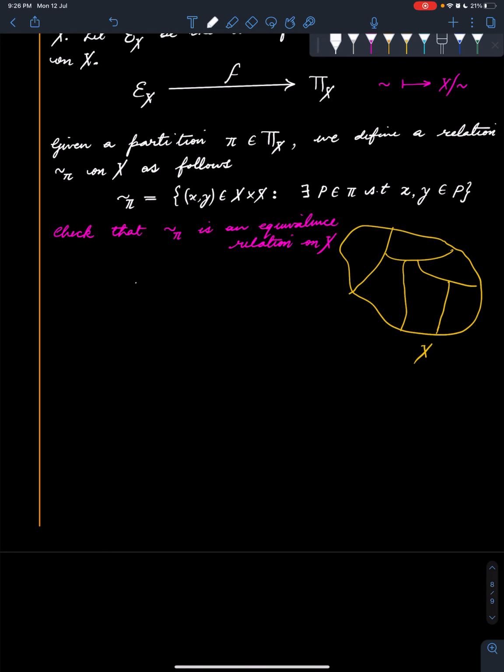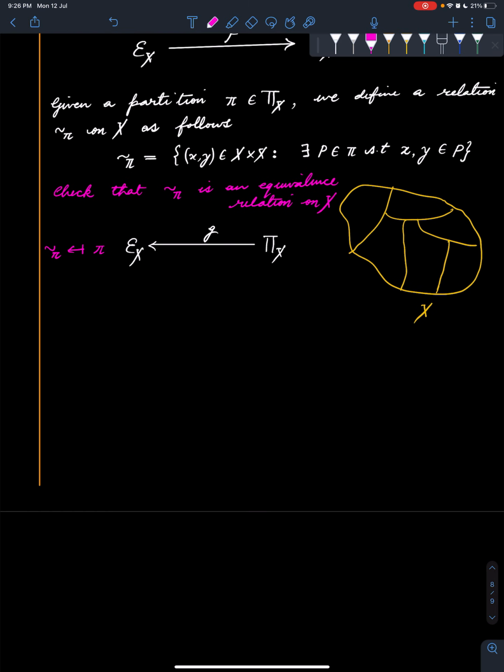Fine, so we get a map in the reverse direction. Call this G. What does it do? It takes little pi and gives us tilde sub pi. And here is an exercise that I want you to do.